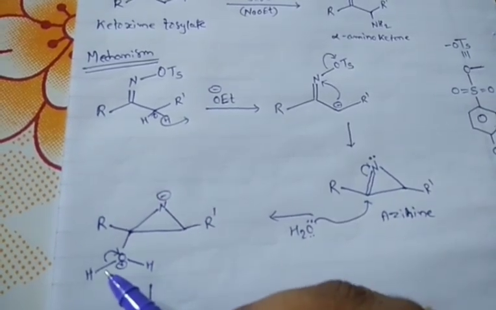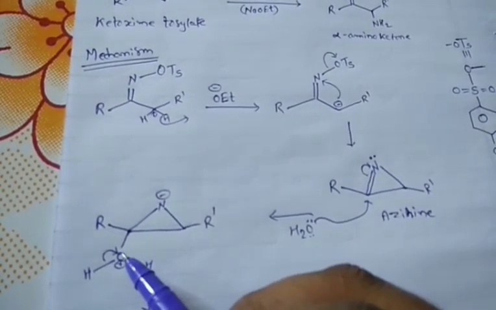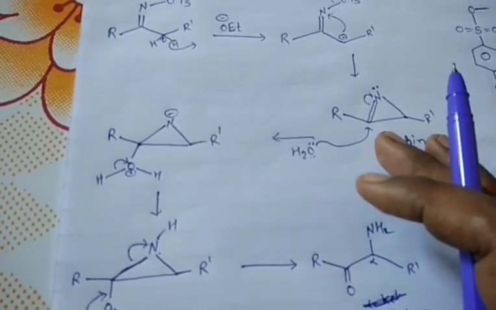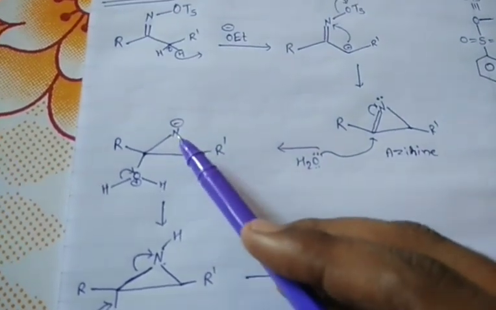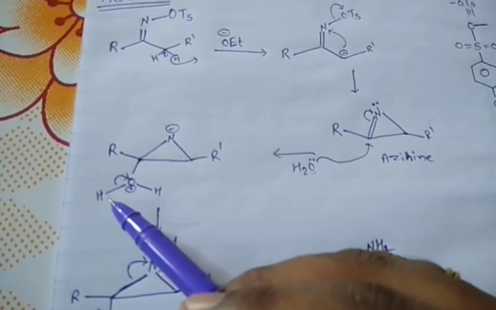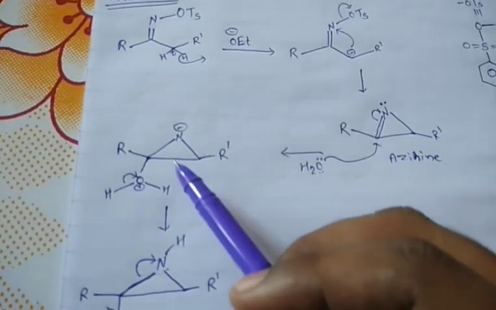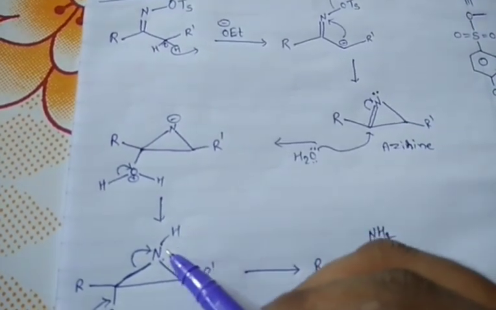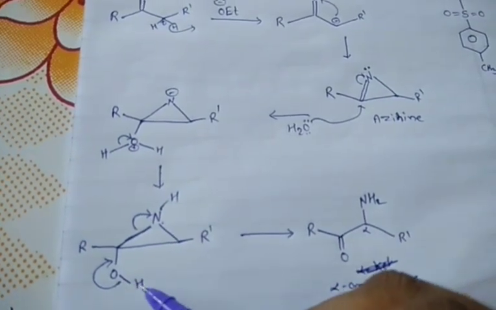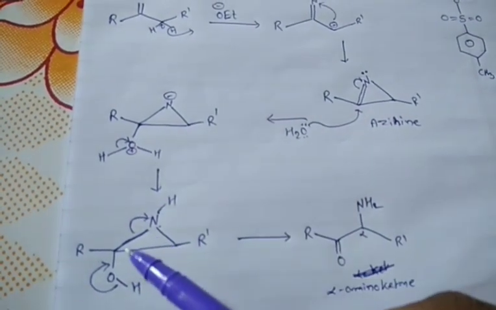The bonded pair of electrons will migrate onto oxygen, and that will be stabilized. At the same time, this negatively charged nitrogen will abstract this proton. Now we will have the NH. If you see, we will have the OH on this position, and NH.